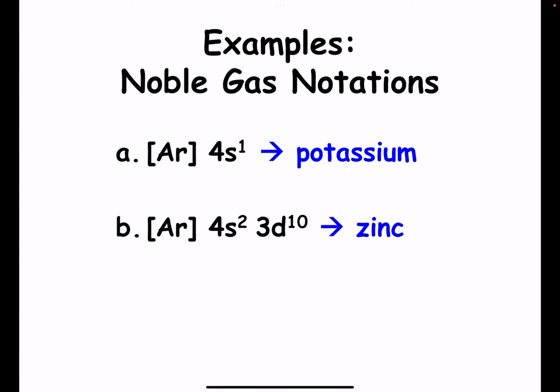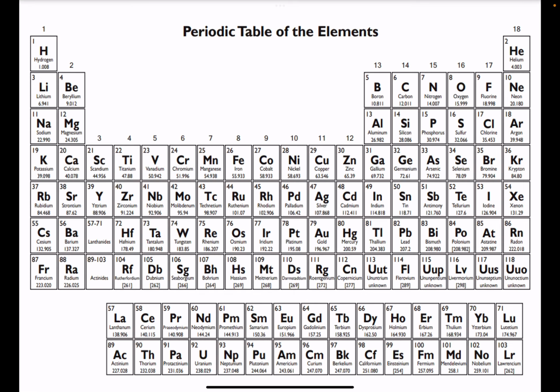All right. So our next example with noble gas notation is mercury. I didn't give you the noble gas notation. I just told you the element, and we need to write out the noble gas shorthand for it. So let's find mercury. Mercury is a little weird. It stands for hydrargyrum in Latin, so that's where it gets the element symbol Hg from. It's down here, atomic number 80.